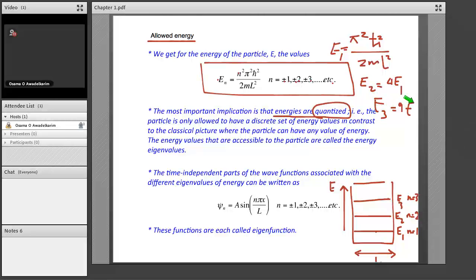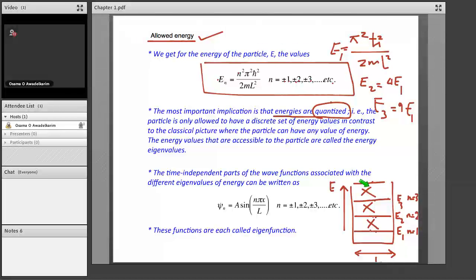So what we're saying is that the energy of the electron inside this region cannot be in between here, or in between here, or in between here. It can only be at this value, or this value, or this value, or this value. These are the allowed energies. This is energy quantization.